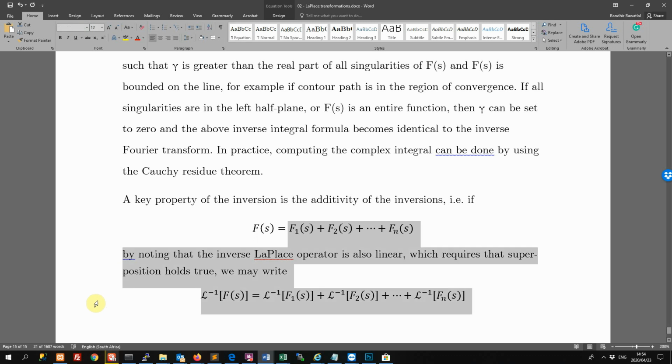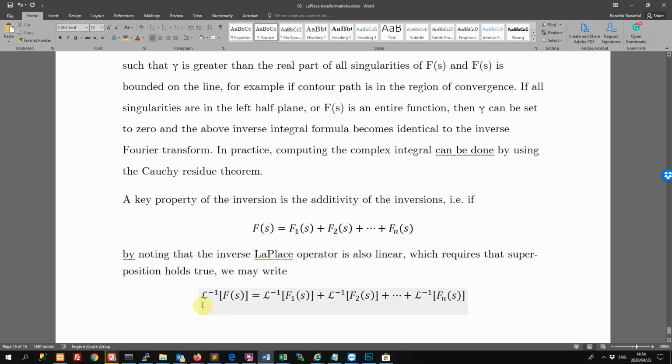So this is an unexpected result, and I know Laplace transform is a linear operator, but it's linear in the case of transforming f of t. But its inverse also has this property that you can break this down, and that's a tremendously useful thing. And if you've done enough examples in solving differential equations using the Laplace transform, you'll see why this tremendously extends the range of problems you can solve using Laplace transformation.